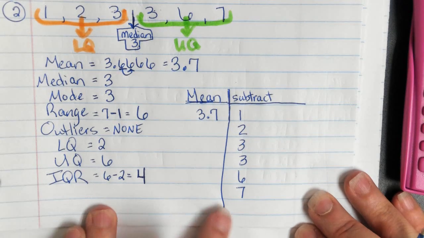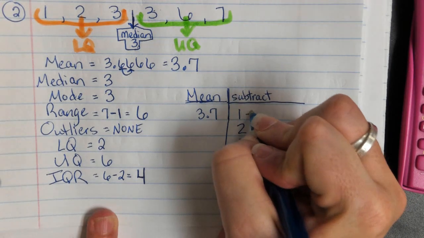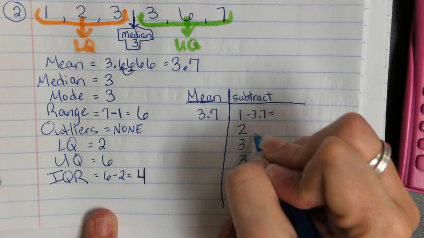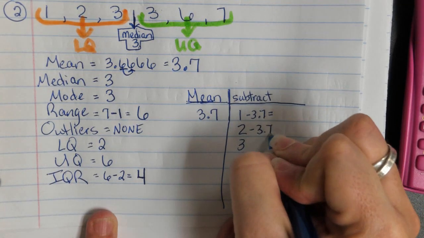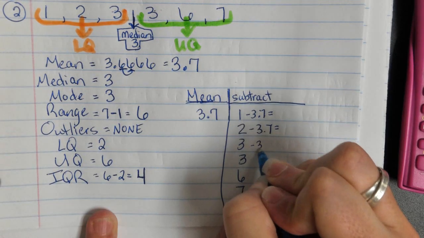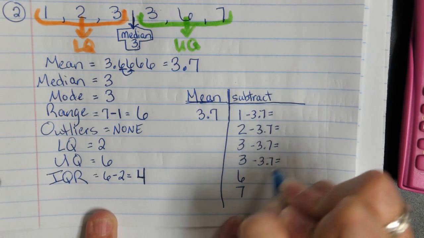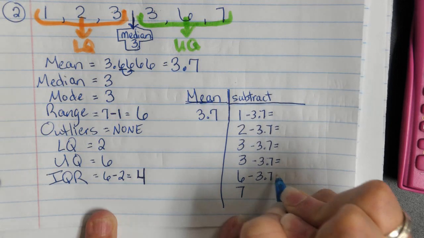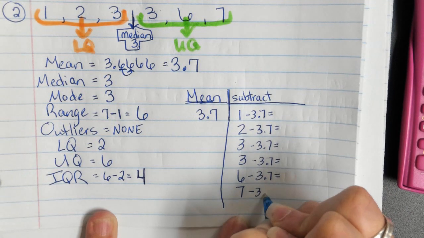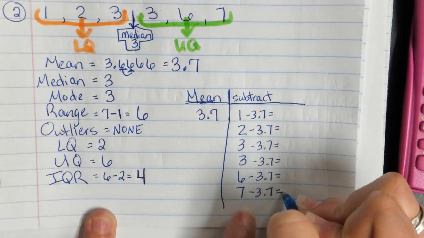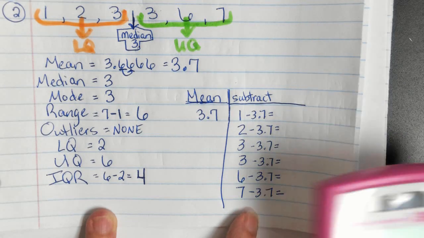Okay. Now, I'm going to subtract the mean. You always subtract the mean here. That's why it's called mean absolute deviation. Okay, doing the math.